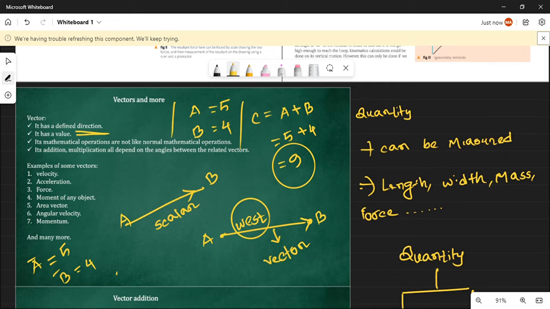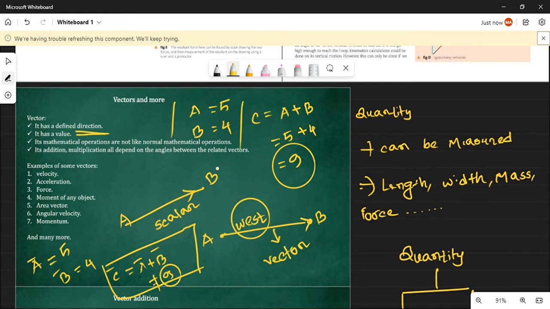If we add two vectors we get a vector C, where C is equal to A plus B, but it cannot simply be 9. We have to do a lot of calculation regarding the direction of A and B before we can say what the sum of A and B vectors is.